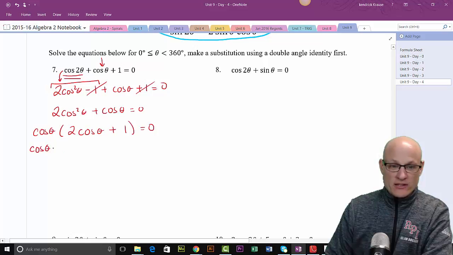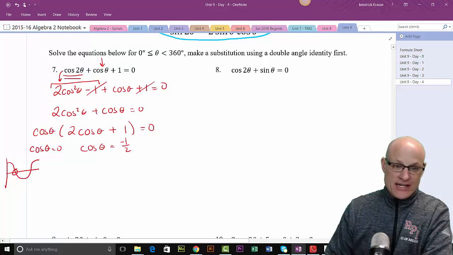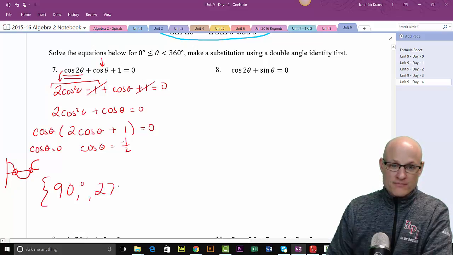Cosine theta equals 0 and cosine theta equals negative 1/2. This one I draw my picture for. 90, 270. And for the negative 1/2, I know that theta equals 60.